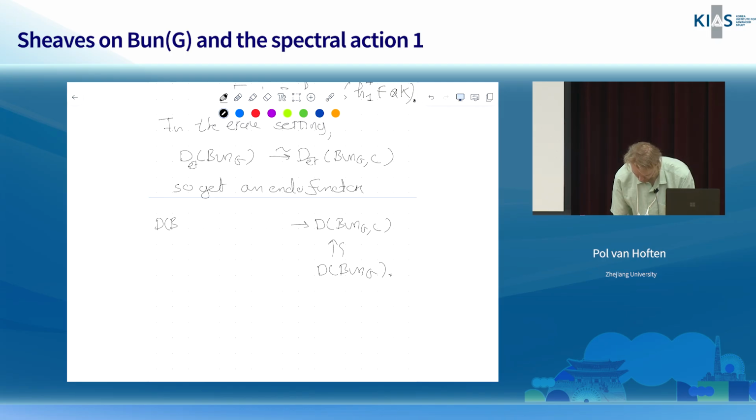Okay, so I have D(Bun_G), and I go to D(Bun_G times Div^1). So let me call that T_K. And then here I just have, let me call this delta star. So delta is just Bun_G times Spec C down to Bun_G times Div^1.